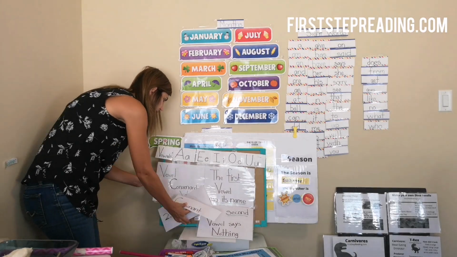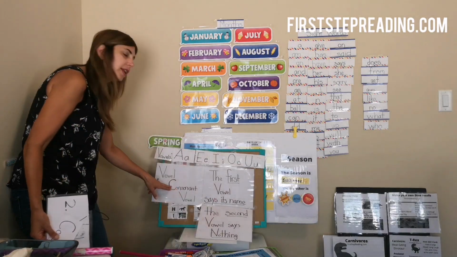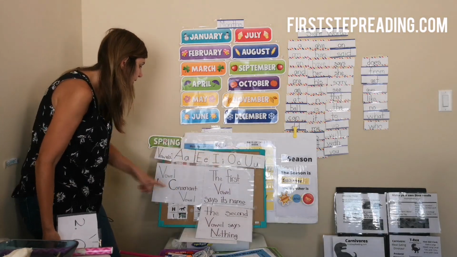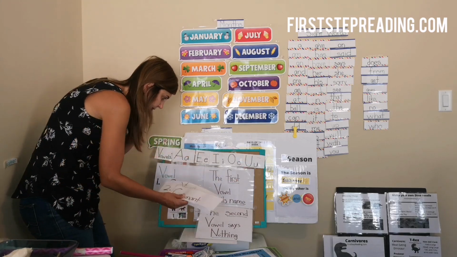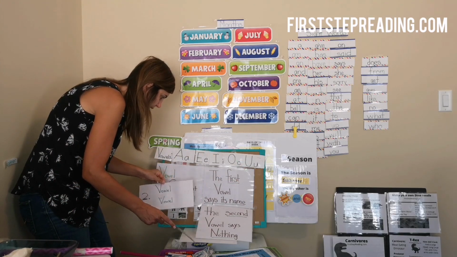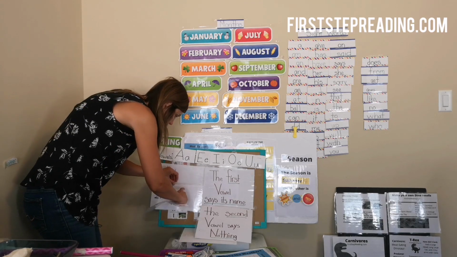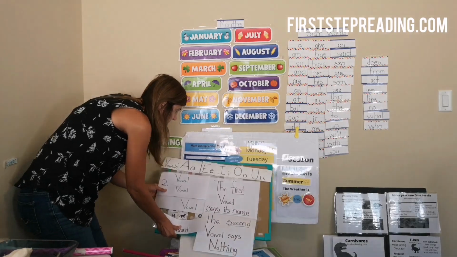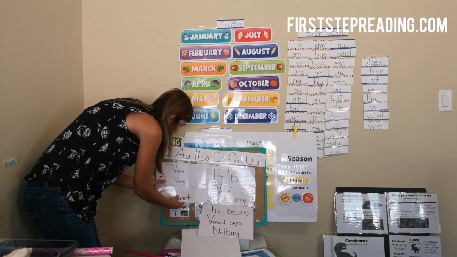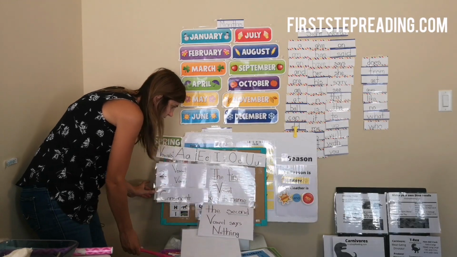Consonants are any letters that are not these 5 letters. Vowels are these 5 letters, A, E, I, O, and U. So for today, let's remind ourselves: vowel, vowel, consonant. We'll sing that song.